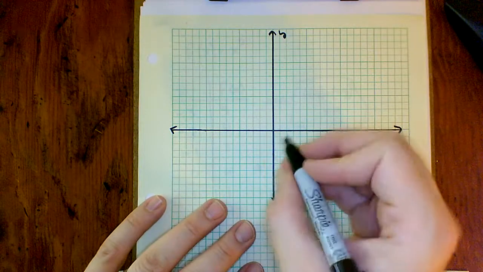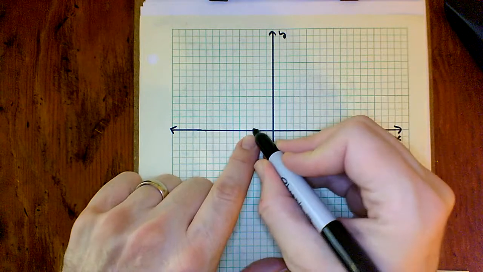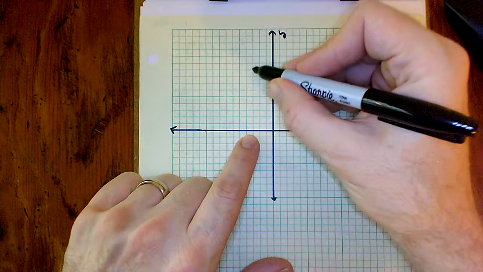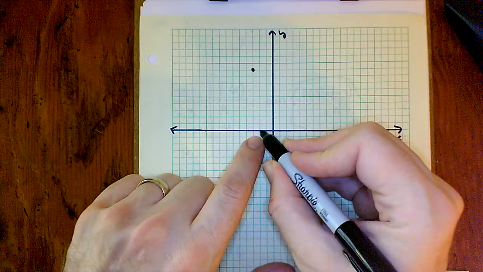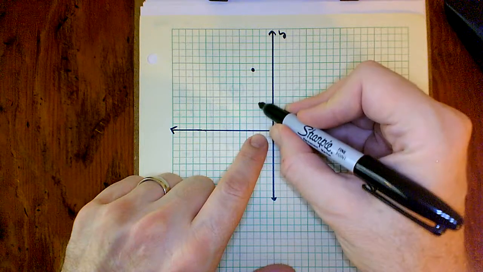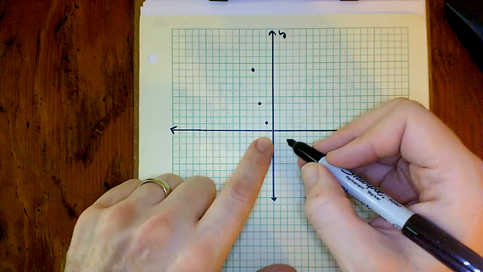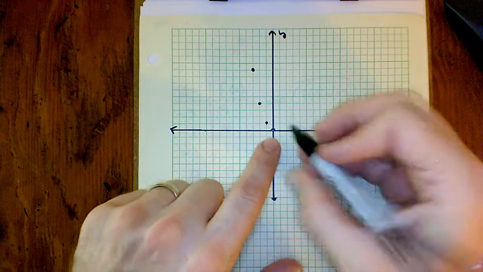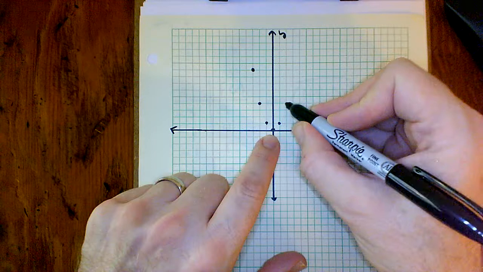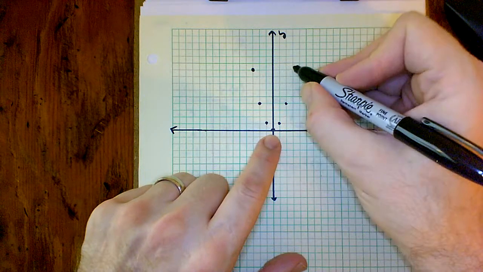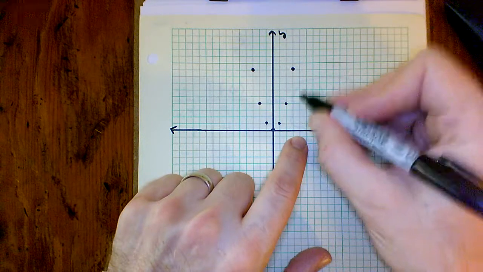So, we started out, we said we had -3 and 9, so we had 1, 2, 3, and up 9, so we've got 5, 6, 7, 8, 9, right there. -2 and 4, -1 and 1, 0 and 0, and then 1 and 1, 2 and 4, 3 and 9, and if I went all the way out here to 4, I would go up to 5, 10, 15.